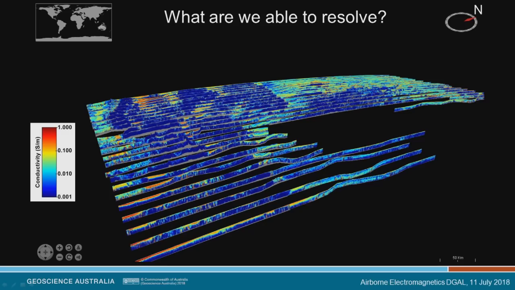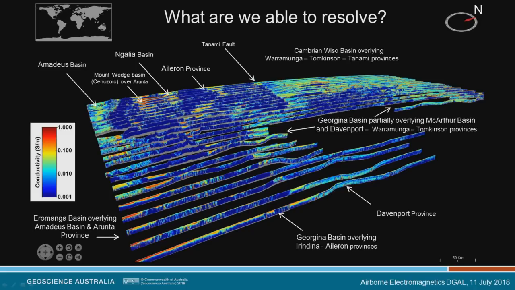So what are we really able to resolve? Remember, these are 20-kilometer spaced lines. This has been labeled by some of our colleagues, Pauline, back there. There are really interesting features. For instance, you can see a clearly defined fault. That's the Tanami fault. It's giving us a lot of insight into where the basin boundaries are.